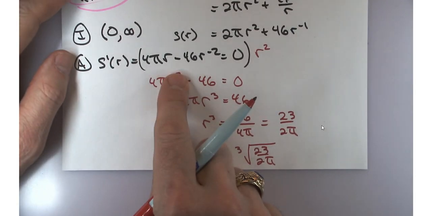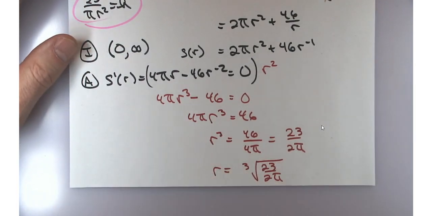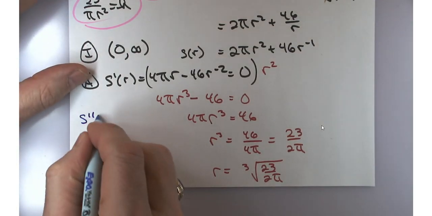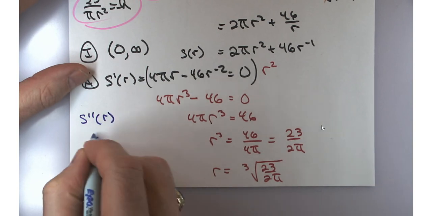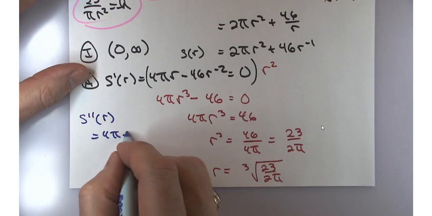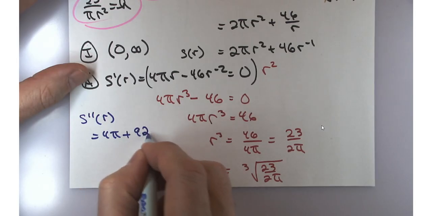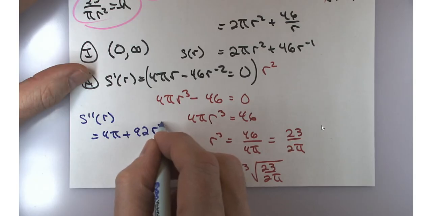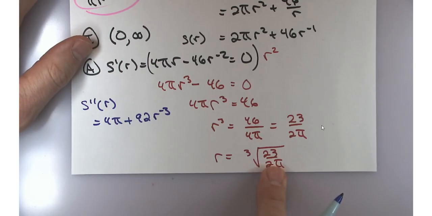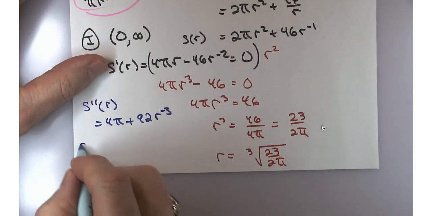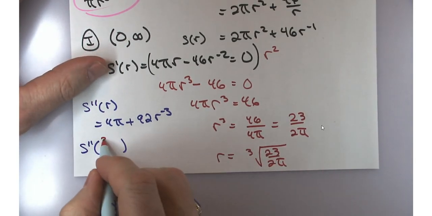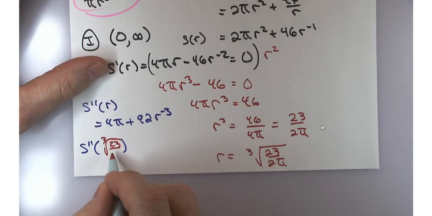Let's calculate the second derivative. S double prime of r is going to be 4 pi plus 92r to the negative third. I don't think I really need a calculator here. S double prime of the cube root of 23 over 2 pi.